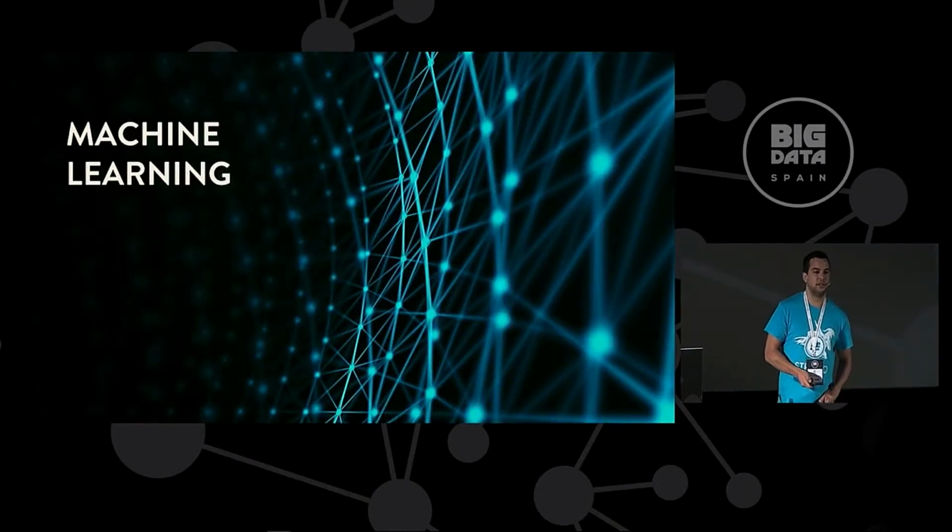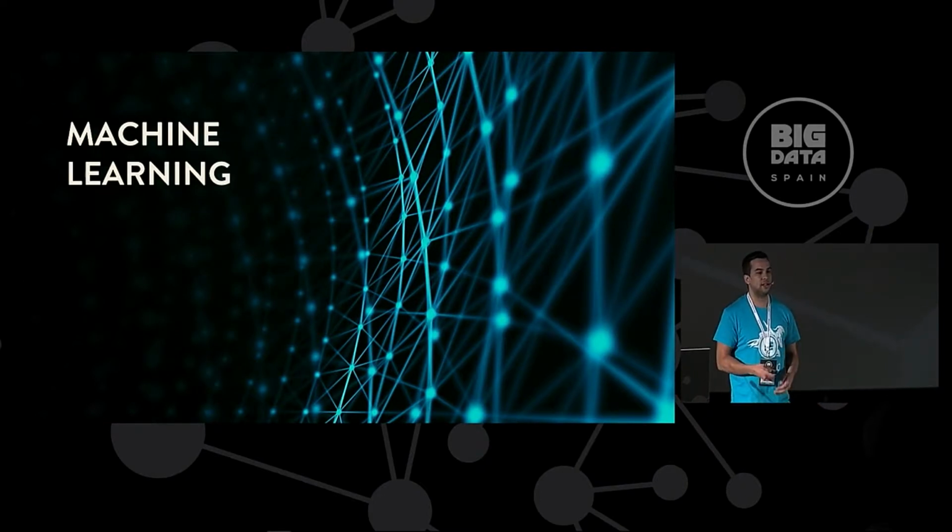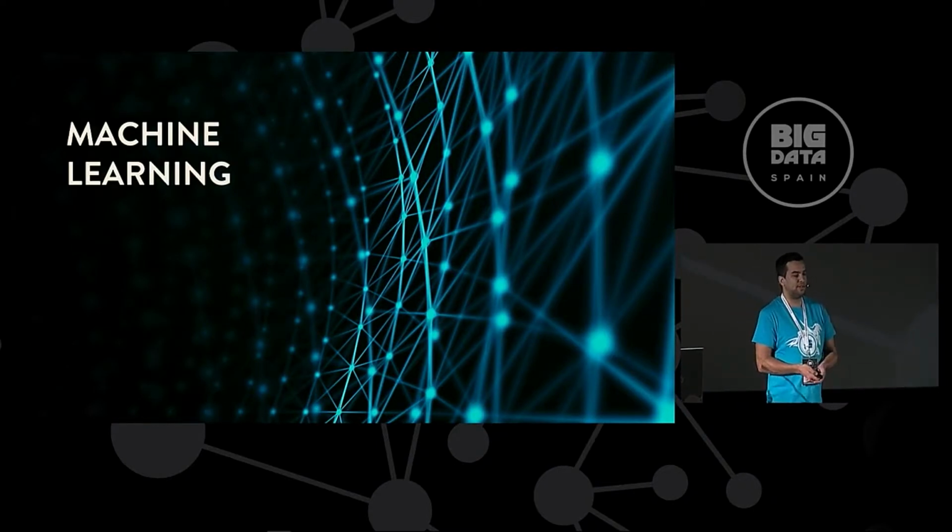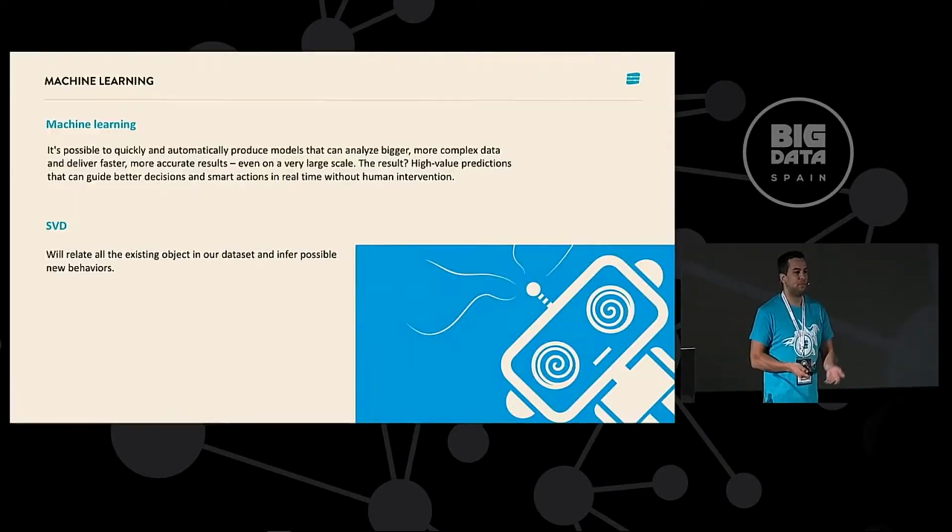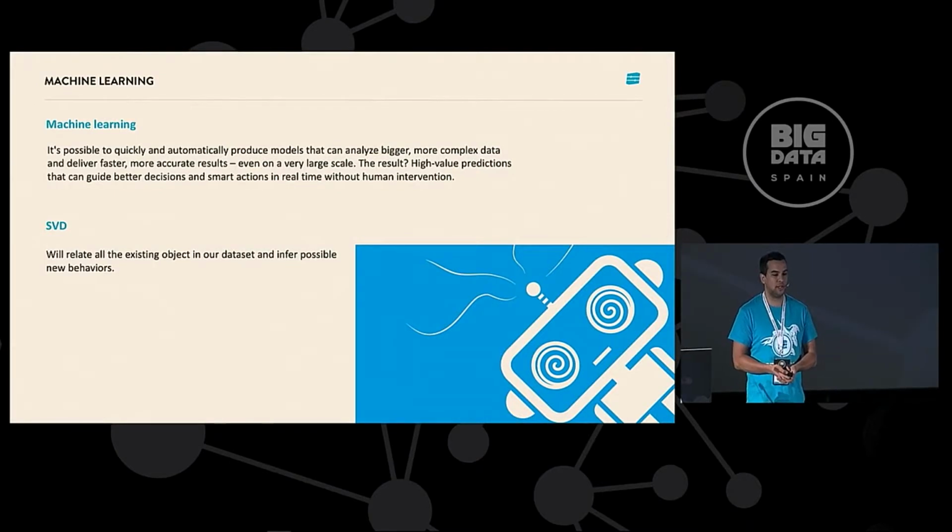Machine learning. So at this point, we know that we need to offer our client another way of more high-quality information, to offer new information he wasn't expecting. But how can we do this? Thanks to machine learning, we can offer him more accurate results and even infer new behavior in our knowledge database.